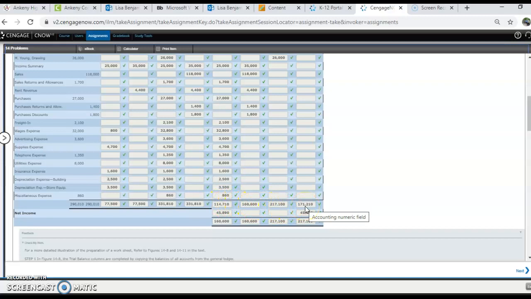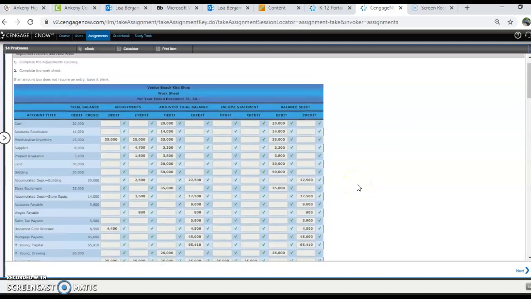And in a net income situation, the difference is going to be in the outside columns, and the difference between the 160,600 and the 114,710 is 45,890. And the difference between the 217,1 and the 171,210 is 45,890. Notice they're the same. And when the difference is in these outside columns, that represents a net income. Remember, you have to write the words net income. We then add that in, and it makes these two columns equal and these two columns equal, and we are completely done with this worksheet.